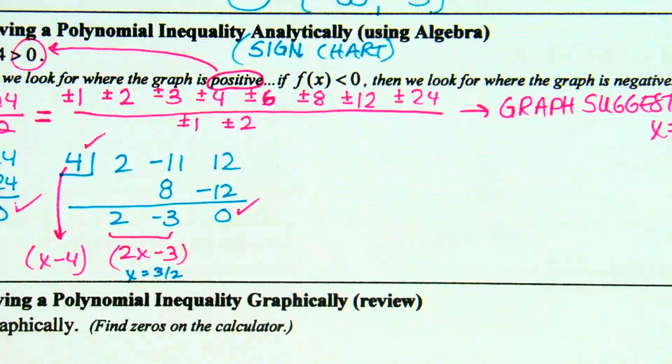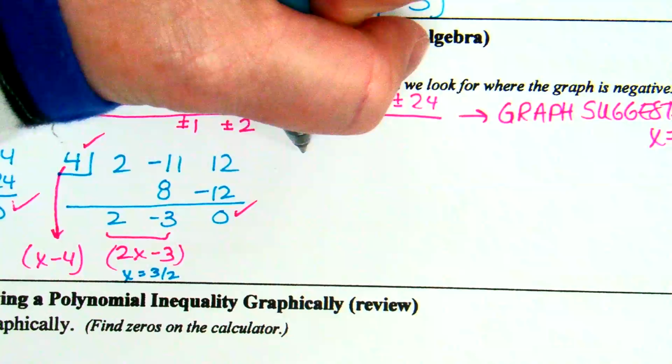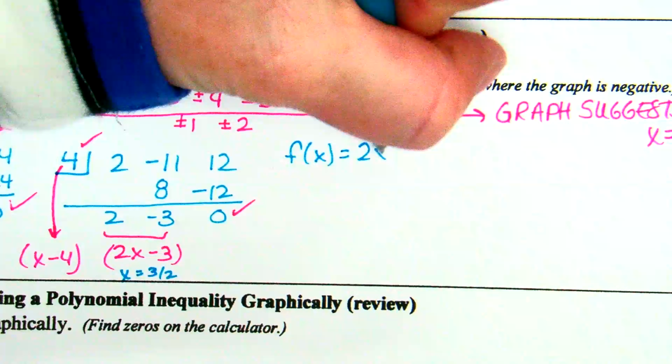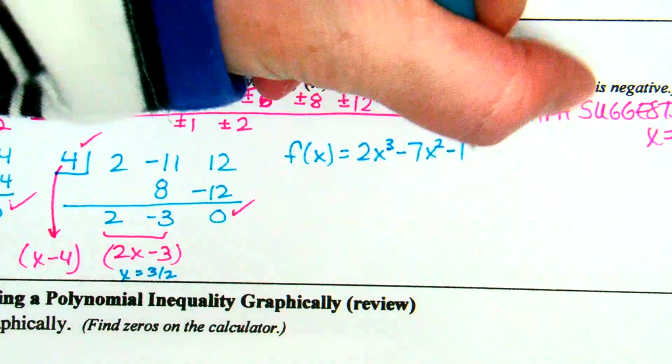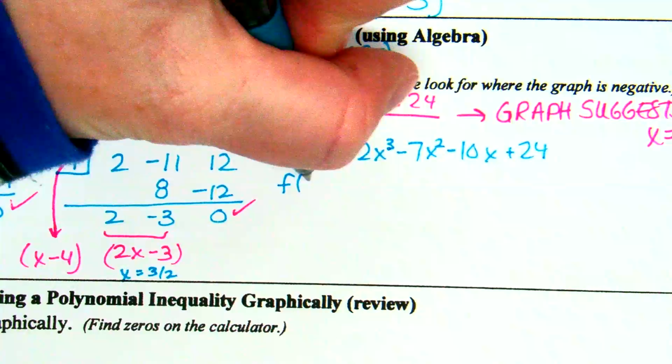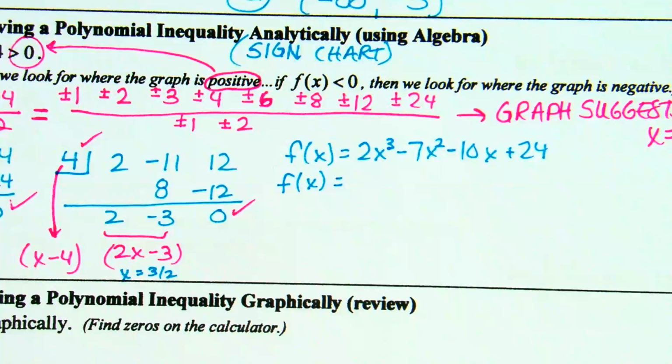First of all, I'm going to write out my original equation was the fact that I had 2x cubed minus 7x squared minus 10x plus 24, correct? We just factored that. Did you guys understand what we did with the synthetic division? Using our PRRs, this now factors into what were our 3 factors?